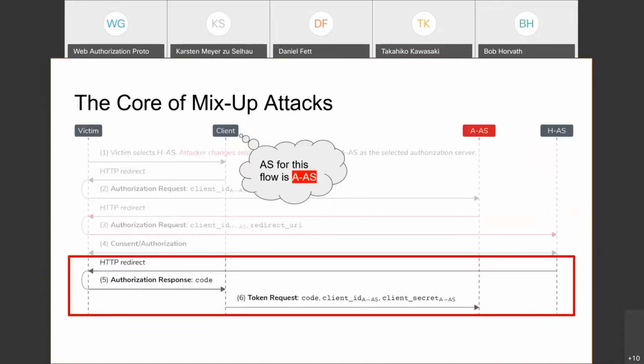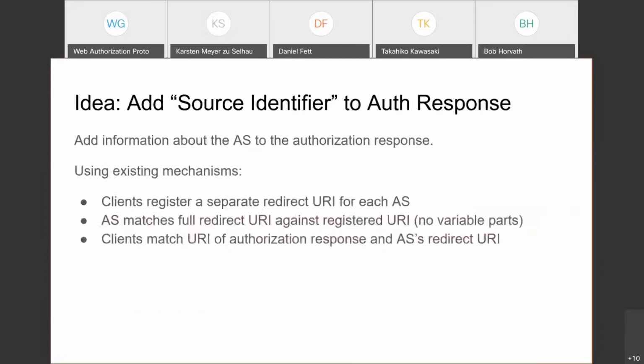So we have this thing that is constant, and that is always this authorization response coming directly from the honest AS. And we can leverage that for a better protection against mix-up. Next slide, please. And the idea that was discussed also very early on is to add something that identifies the source of the authorization request to the authorization response, whatever that is.